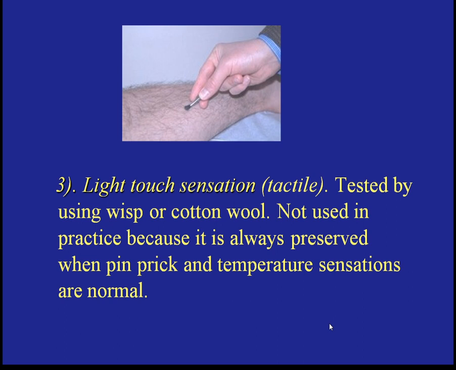The third modality, this is tactile or light touch sensation, tested by using a wisp or cotton wool, not used in practice because it is always preserved when pinprick and temperature sensations are normal.